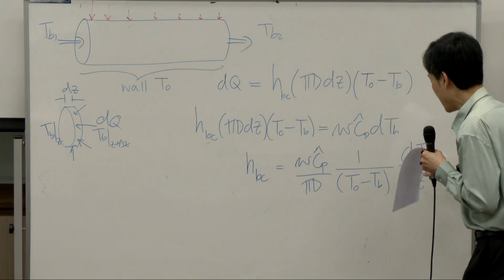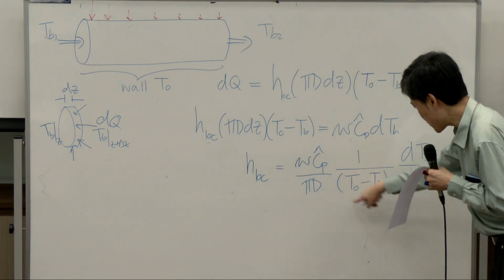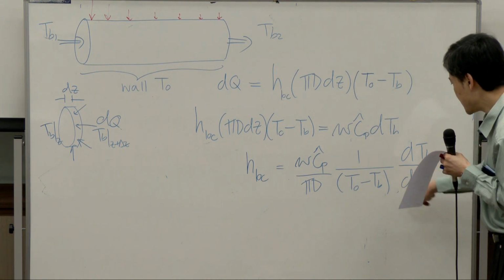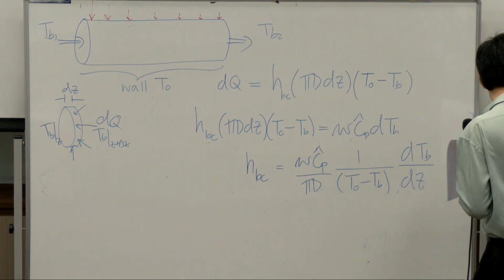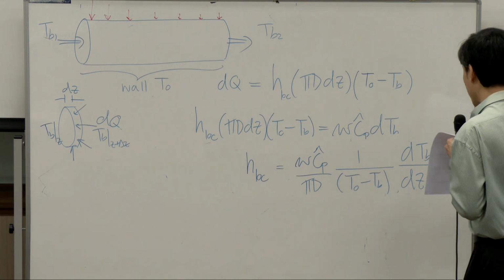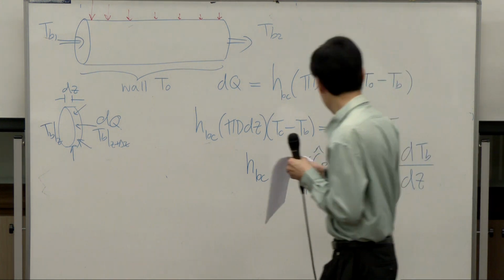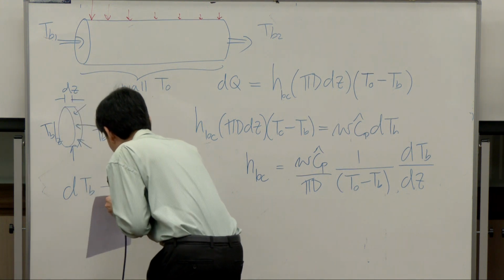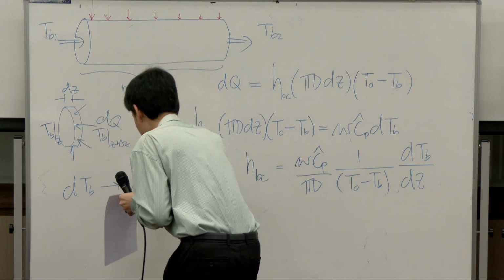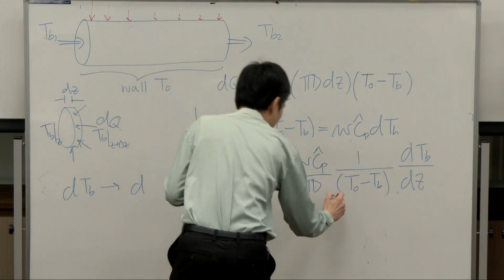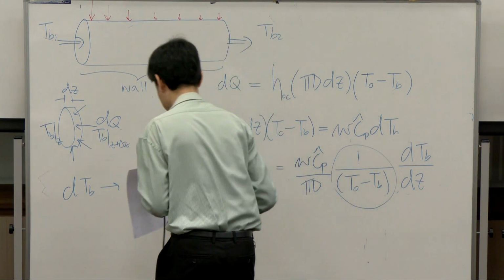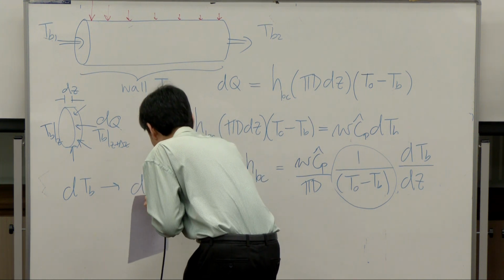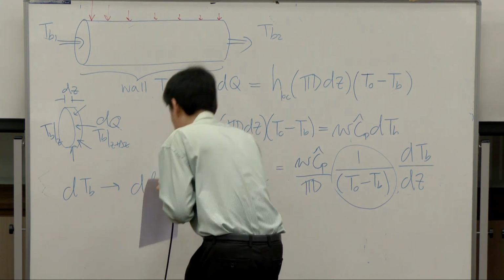All right. Now, I have T0 subtracted by TB over here, dTB over there. I have dZ on this side, but on the other side for the macroscopic balance, I have L. So if I change dTB into D of the whole thing here, that would be the logarithm of T0 subtracted by TB.